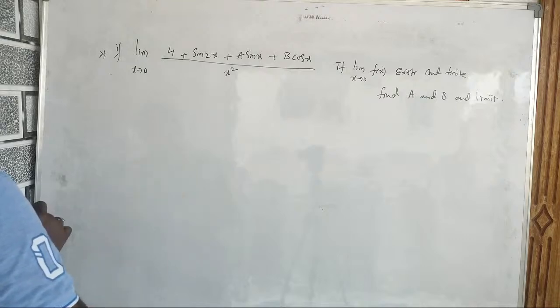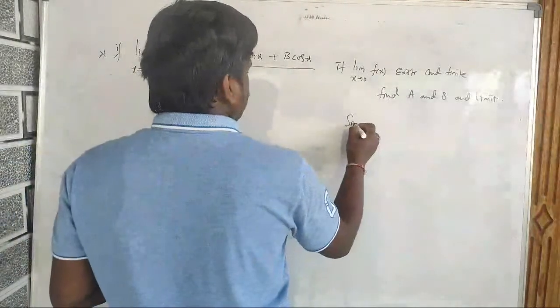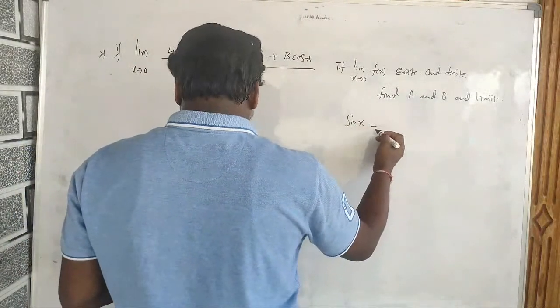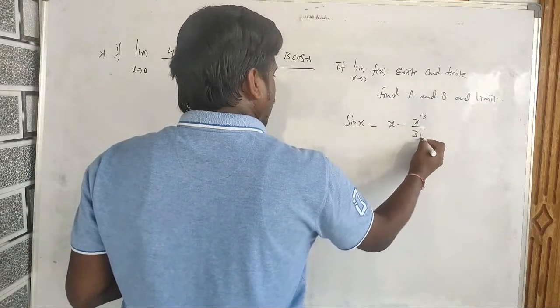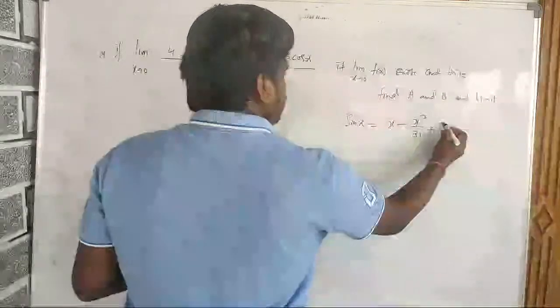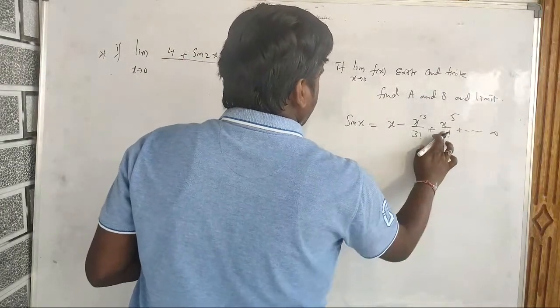So for this, what is required? Sin x expansion is required. What is sin x expansion? Sin x is equal to x minus x cube by 3 factorial plus x power 5 by 5 factorial, and so on to infinity. This is important.